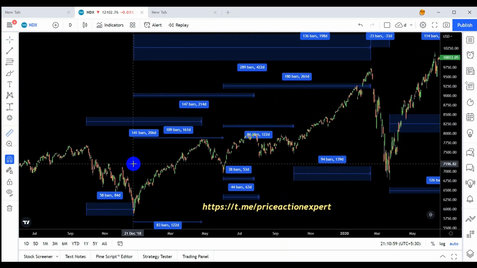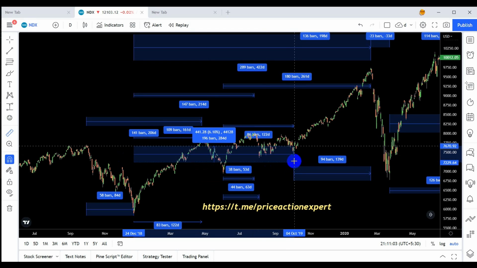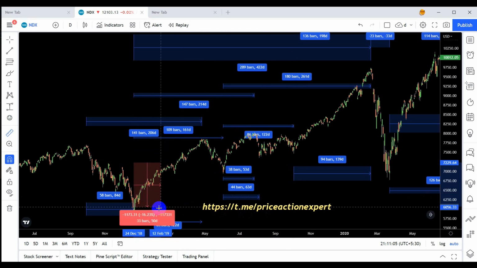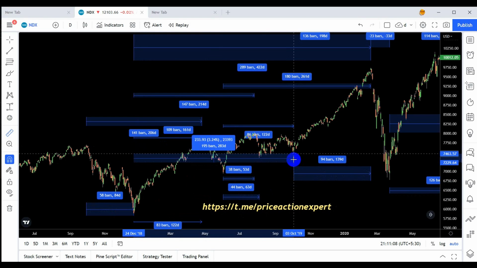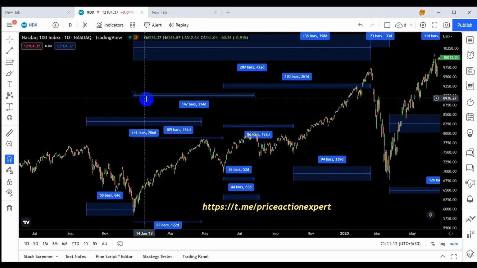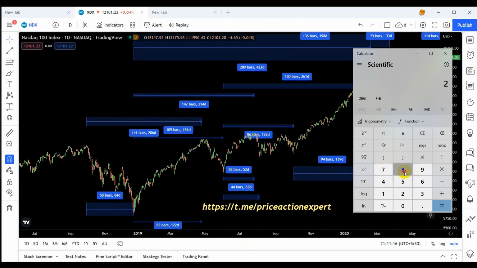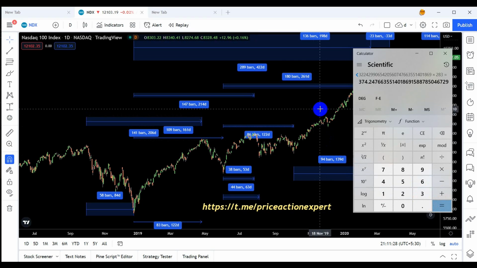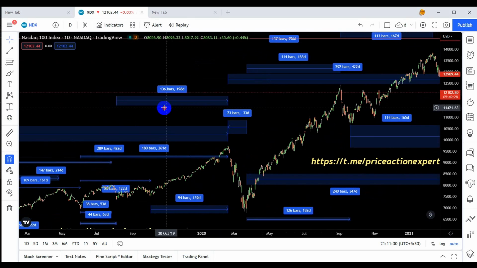The same low here, 283 days from this low. So we're going to take that and this 214. 283 divided by 214 times 283, we're going to get 375 days.